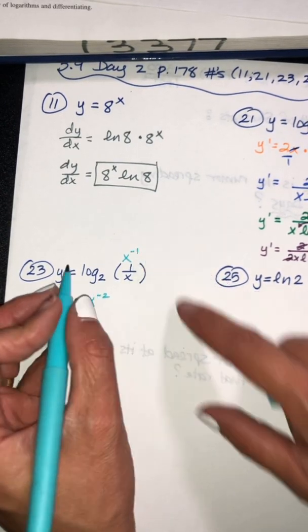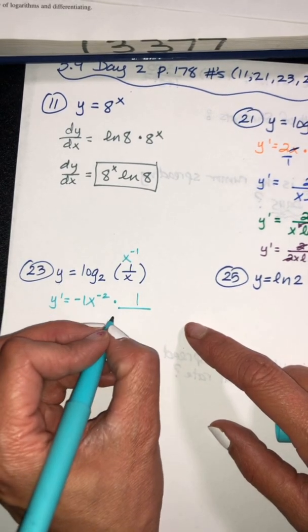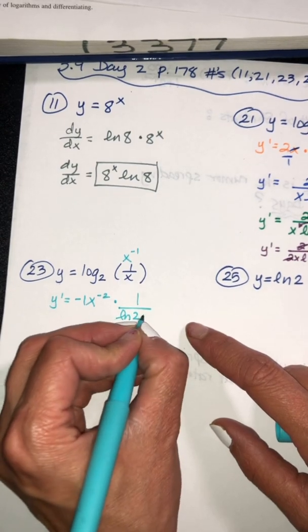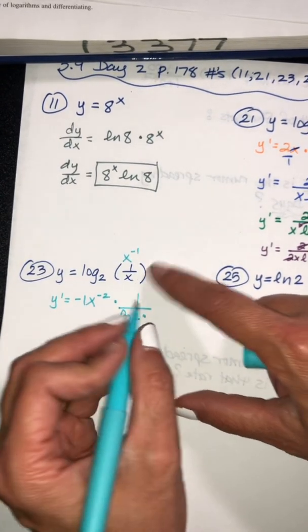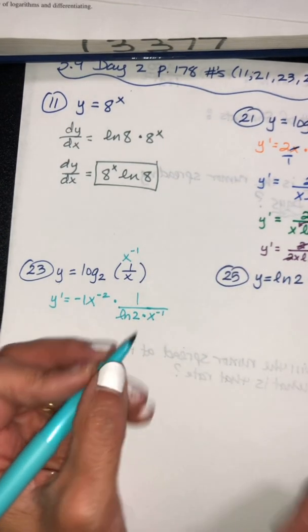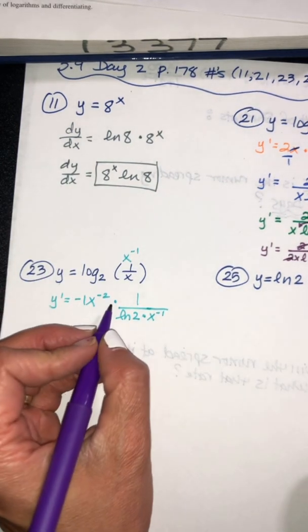And then the log turns into 1 over the natural log of the base is 2, times the input, which I'm just going to write as x to the negative 1, because I don't want a fraction under a fraction. No need to make it look worse than it is.